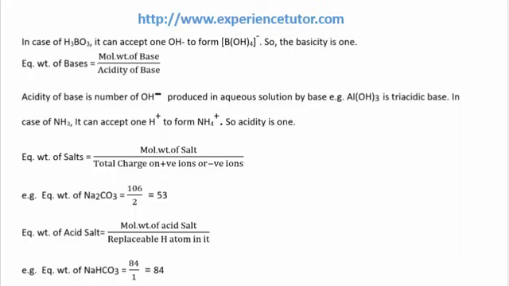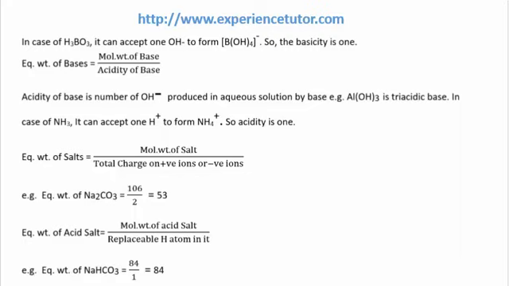In case of H3BO3, it can accept one OH minus to form B(OH)4 minus ion, so the basicity is 1. Equivalent weight of a base is equal to molecular weight of the base upon acidity of the base.